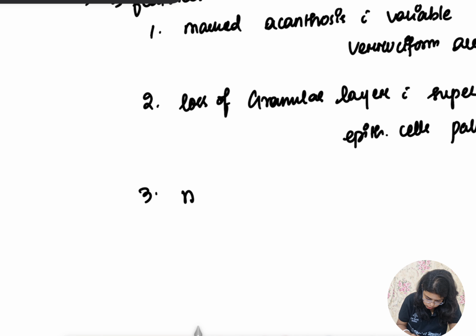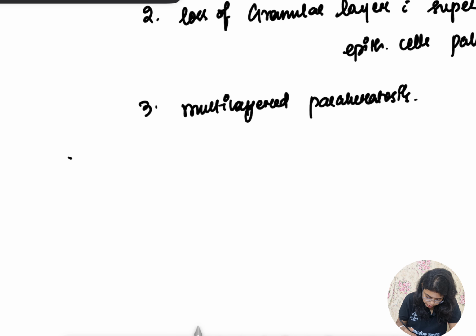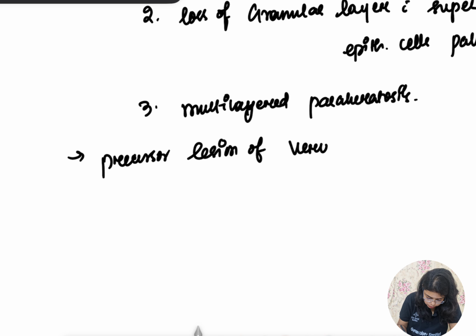And third is multi-layered parakeratosis, that is more important. That leads to the verruciform type of vulvar carcinoma. So this is the precursor lesion of verruciform carcinoma of the vulva.